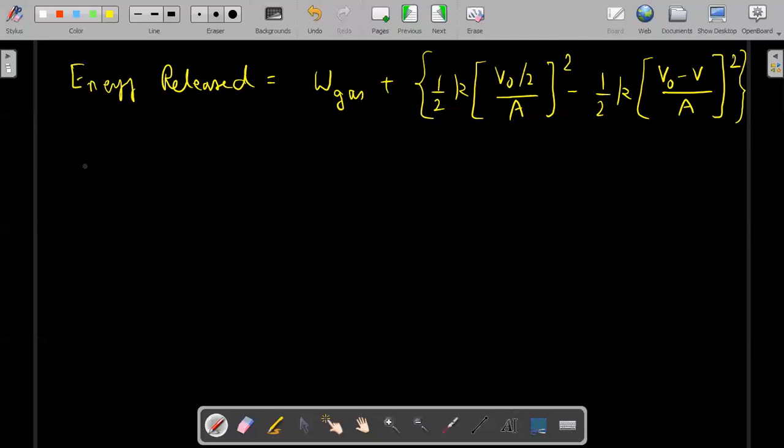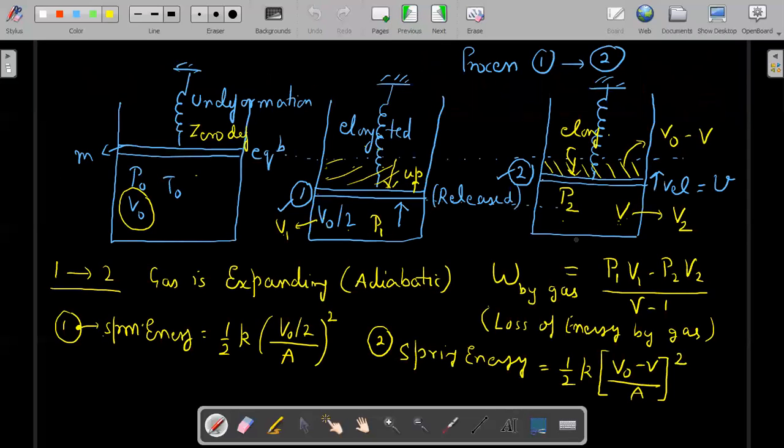And during this process, look, this piston is moving upward. This piston has a mass M. It is moving upward. That means it is gaining gravitational potential energy as it is moving against gravity.